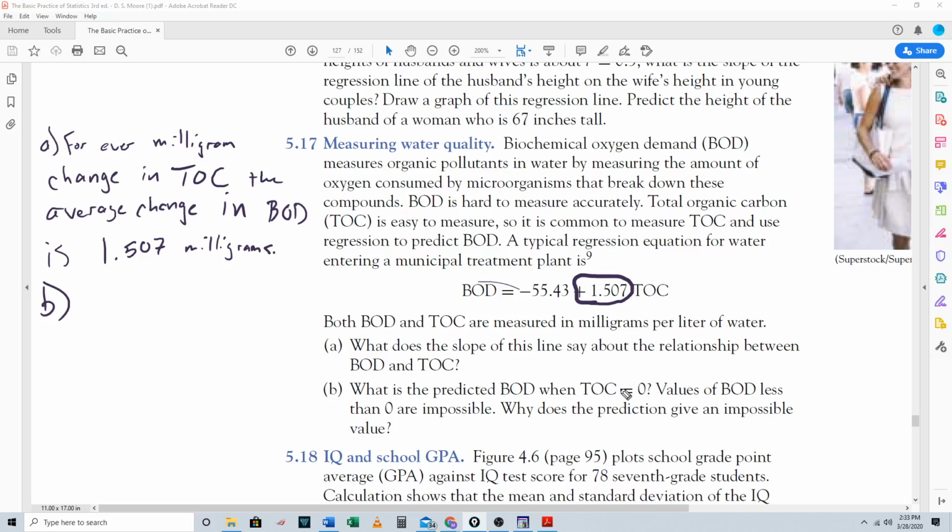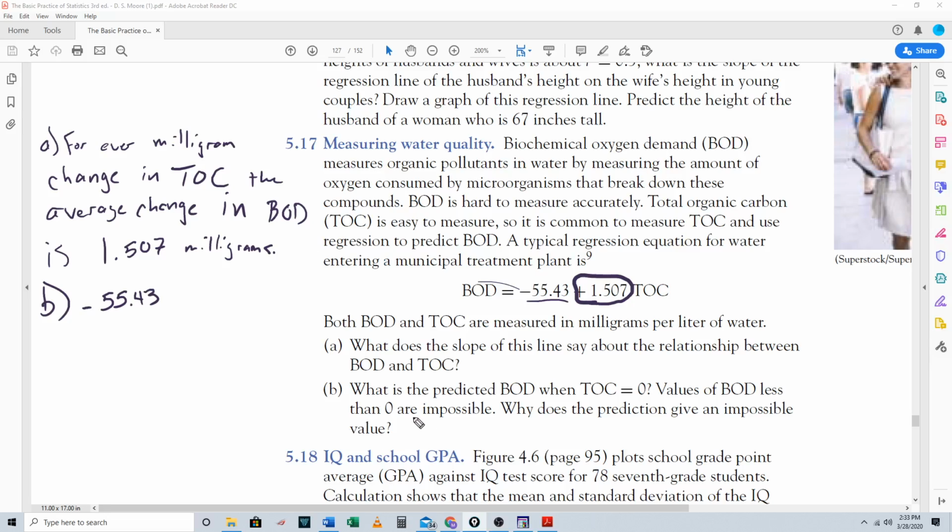Basically, when TOC is 0, that is your y-intercept, negative 5.43. Now, the question is, it's impossible to have a BOD less than 0. So why does the prediction give you an impossible value?